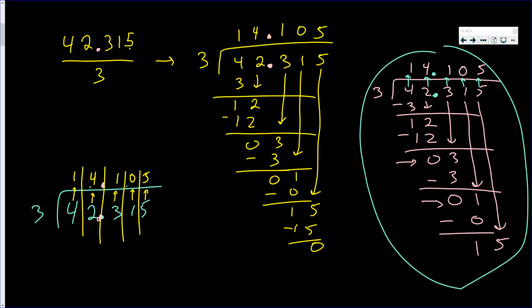If you start putting multiple digits above the 4, like 1 4, and then 1 0, and then 5, well, of course, when you bring up this decimal, it's going to come here. Okay? Be neat about it, and decimals won't affect anything.